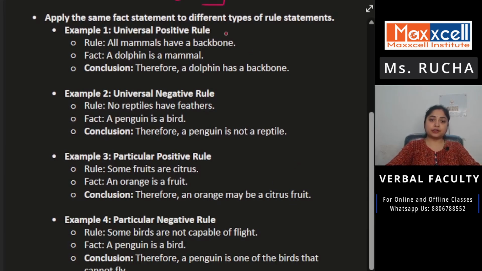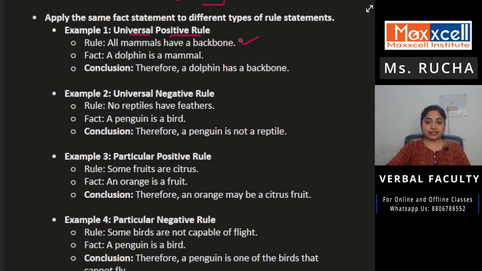The first example is for universal positive. We are saying universal positive, which means the rule statement will have "all", right? Because we are saying positive. So all mammals have a backbone, right? All the mammals have it without any exception. The fact statement that we are taking here is a dolphin is a mammal. So we are saying dolphin is a mammal, which means dolphin has a backbone.